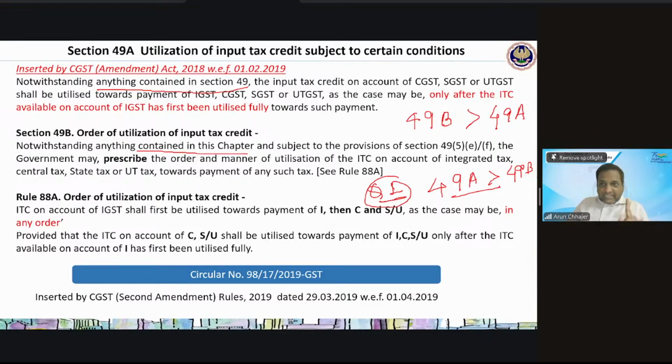Will the 49A override the 49B? First question. Answer is no. Will the 49B override the 49A? Question number 2.